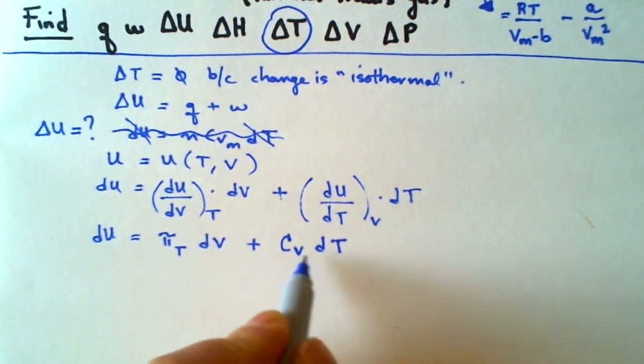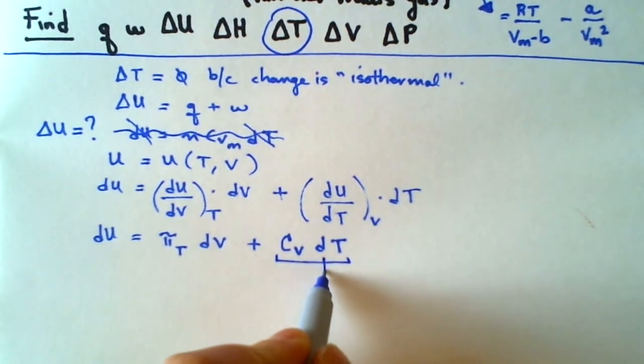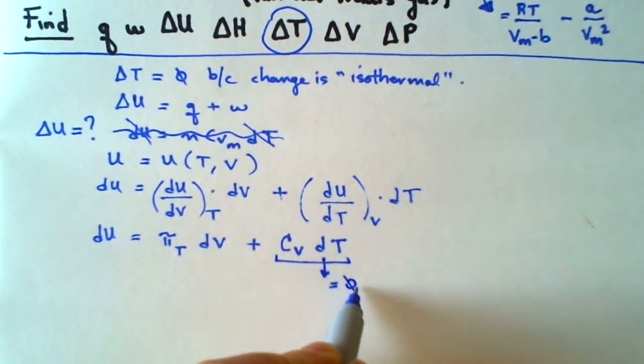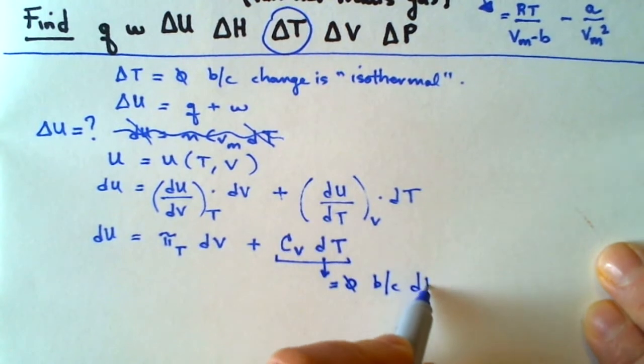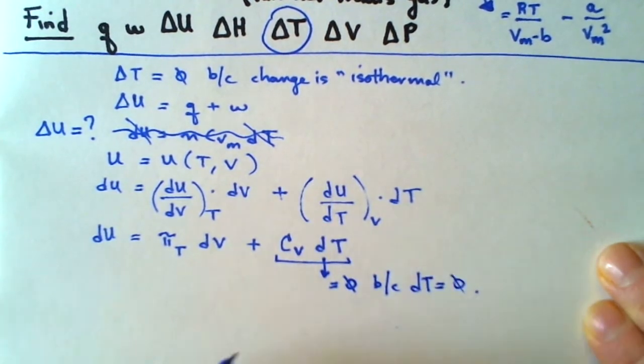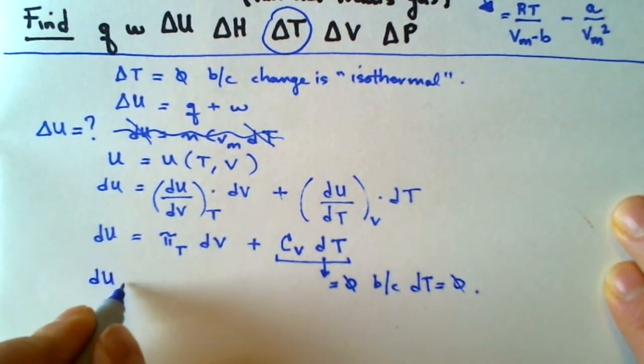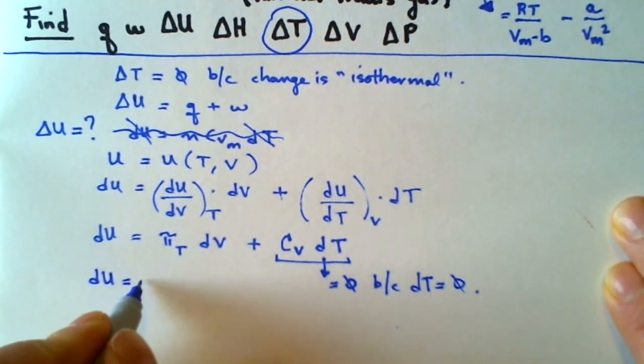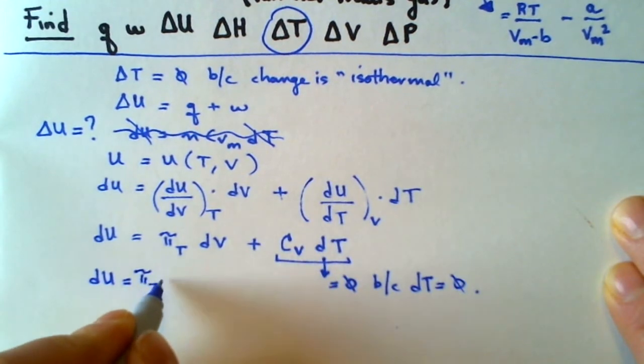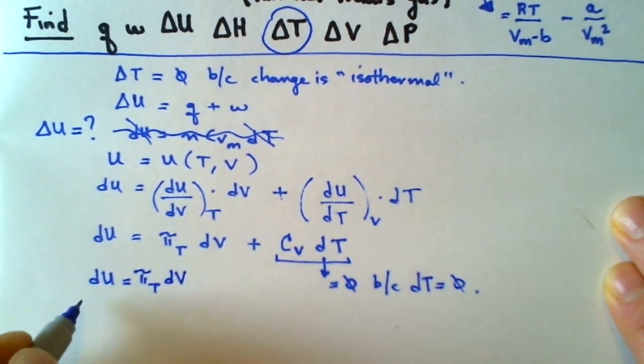But I'm not even going to take it that far yet, because this is equal to 0 because the process is isothermal. And so my infinitesimally small change in internal energy is equal to pi sub T dV.